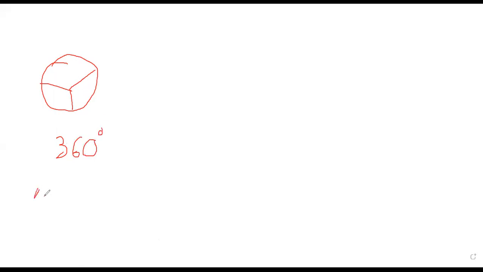If you have A, B, and C, so A maybe is 3, B is 6, and C is 12.